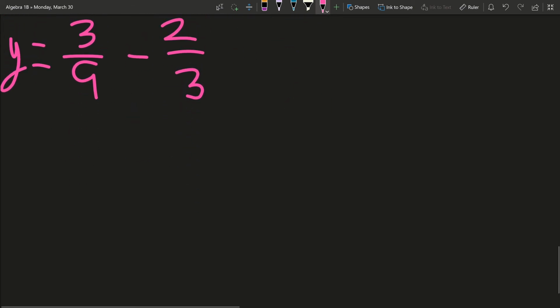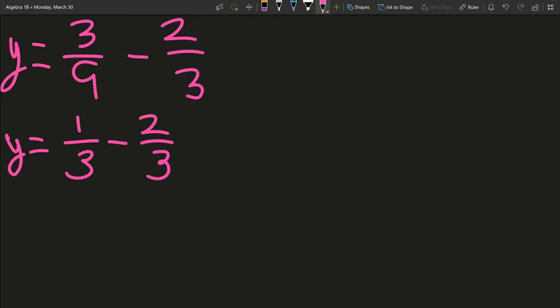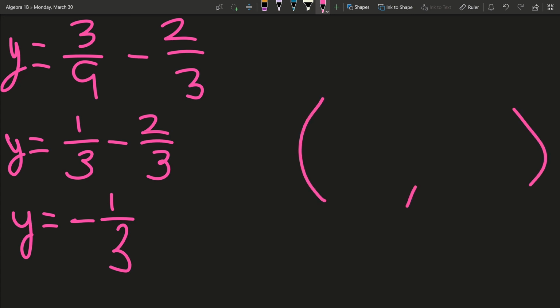If we simplify 3 over 9, we're left with 1 over 3 minus 2 over 3, and 1 over 3 minus 2 over 3 is negative 1 over 3. So we know that our y is negative 1 over 3.